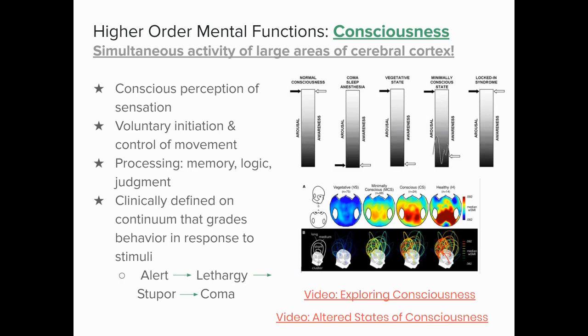This is your conscious perception of sensation. It's the voluntary initiation and control of your movement. This is consciousness, you're processing. There's memory, there's logic, judgment, and it's clinically defined on the continuum that grades behavior in response to stimulus.